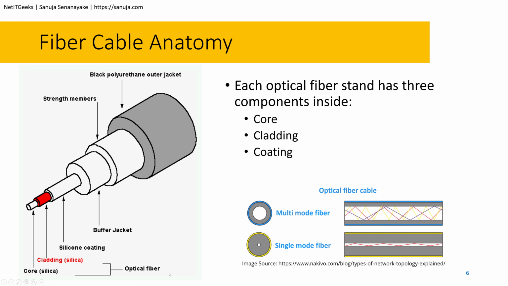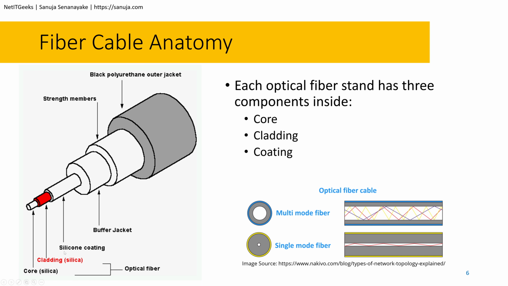So if somebody in your exam or your professor asks you what actually makes optical fiber, it's basically the core and the silica cladding. The immediate cladding associated with the core, the combination of the two is what makes an optical fiber.